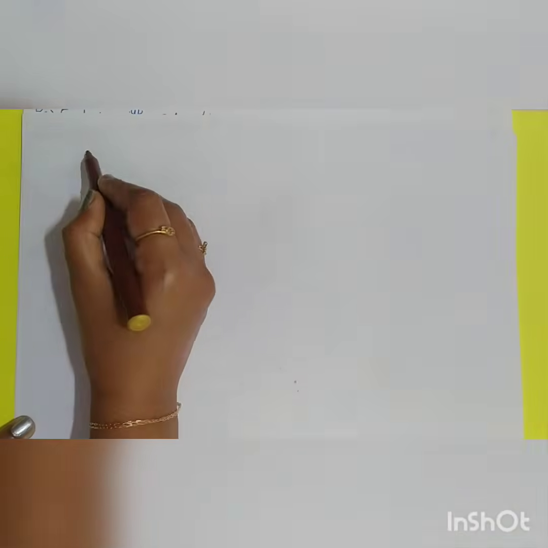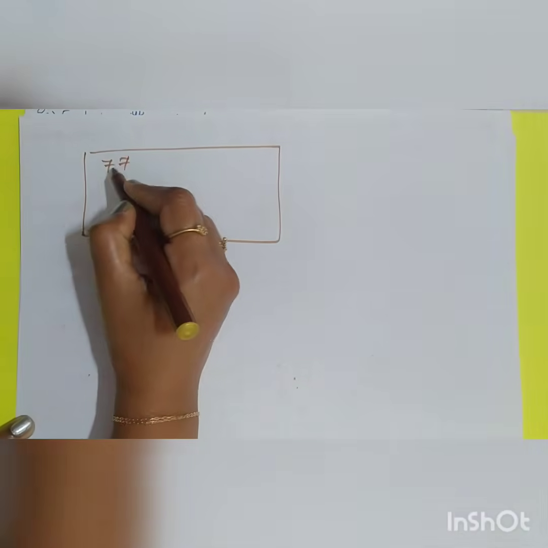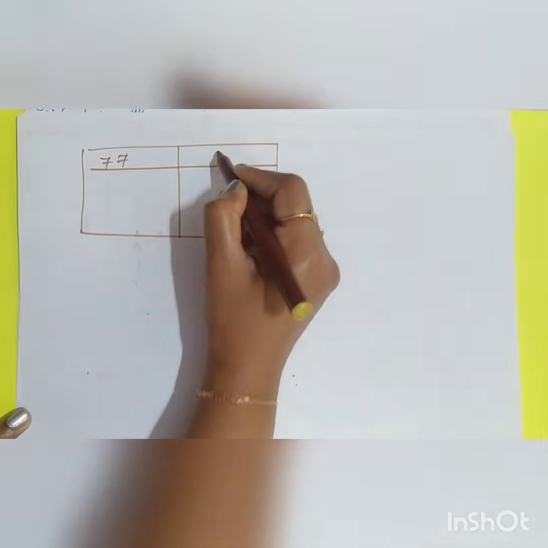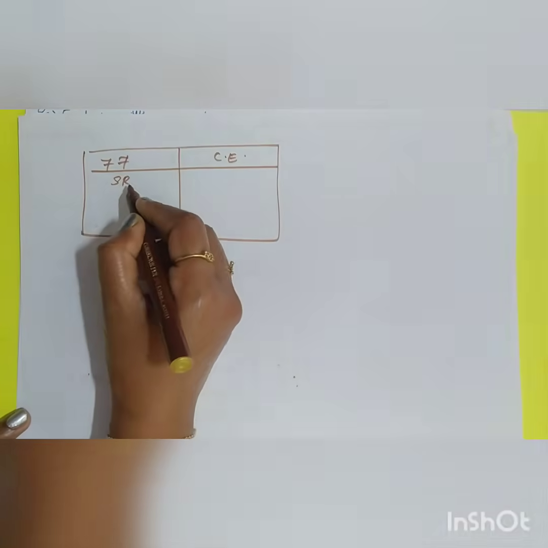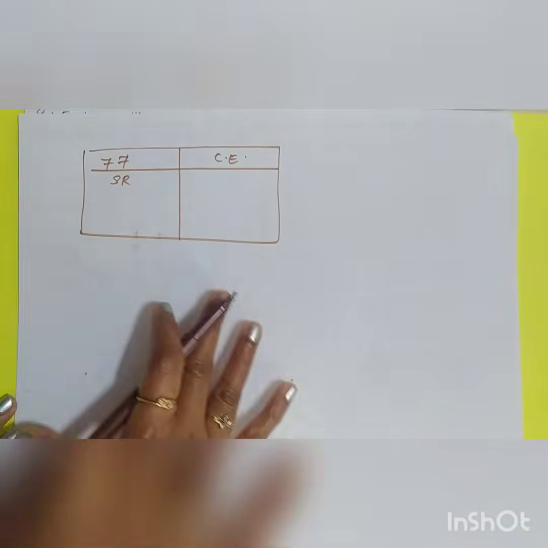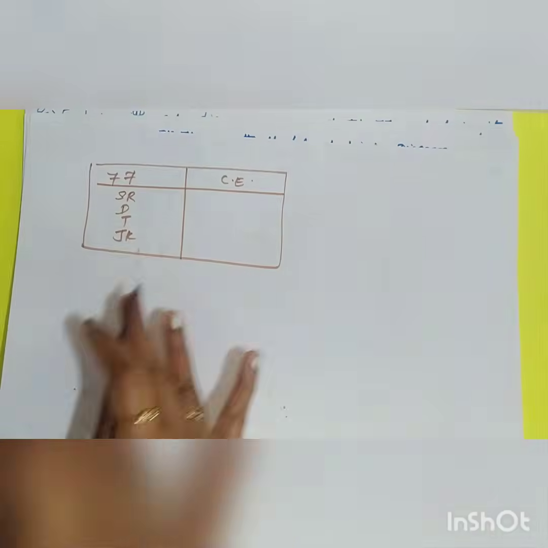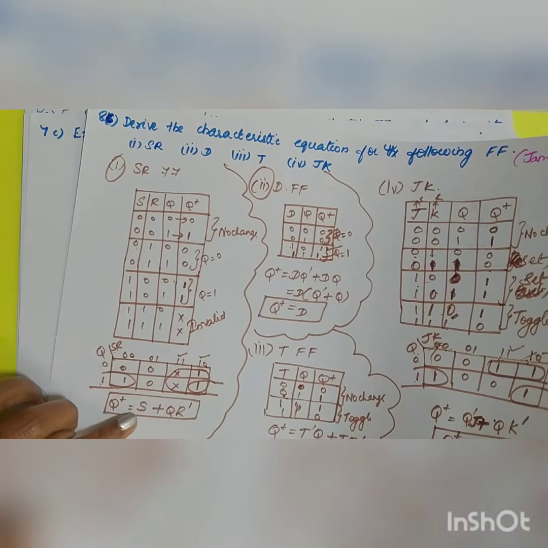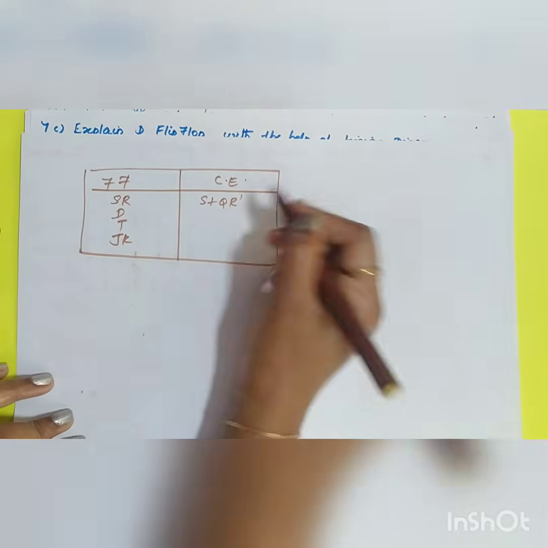So if I can make a table of everything together, okay. So flip-flop, characteristic equation. First is your SR, second one is D, T and JK. So SR, what is your value? You have got Q plus is equal to S plus Q R dash.